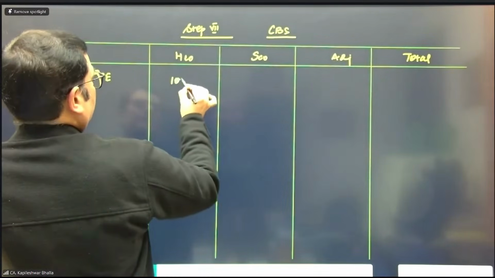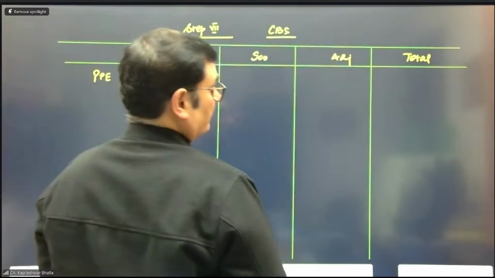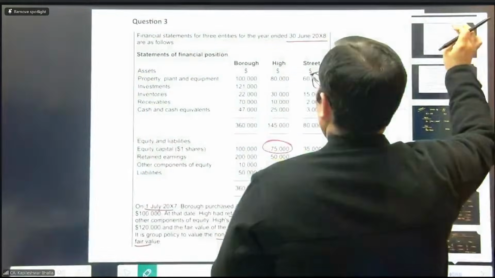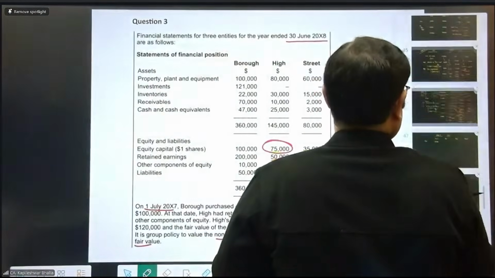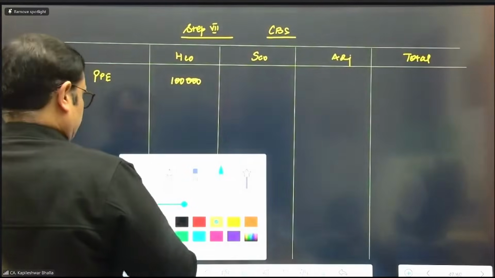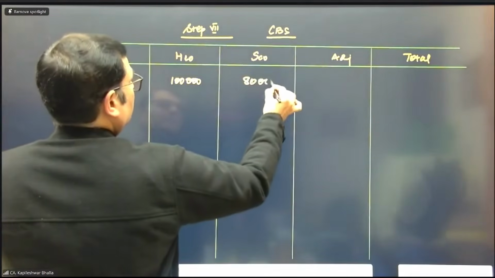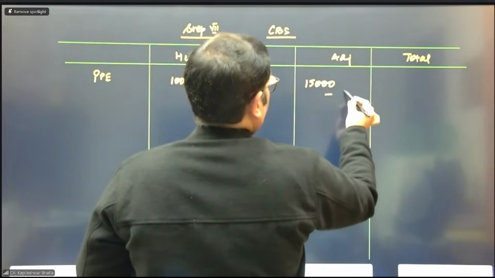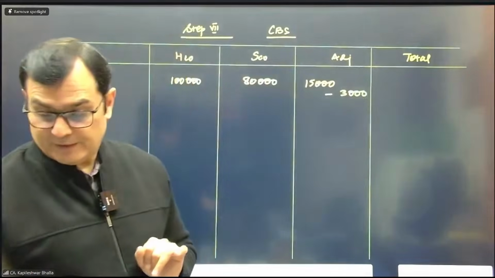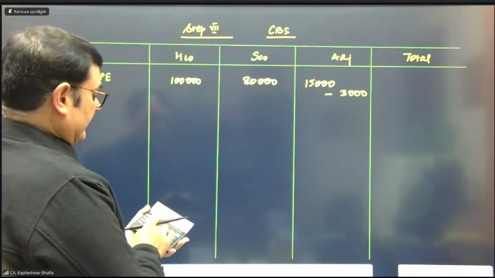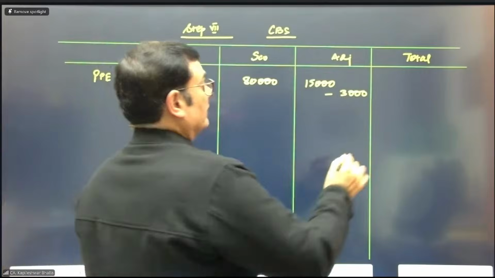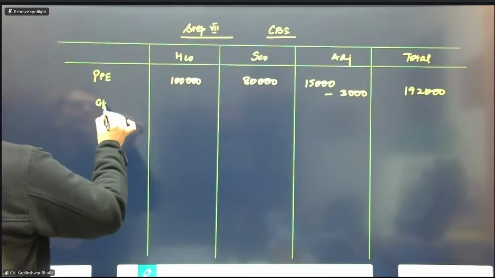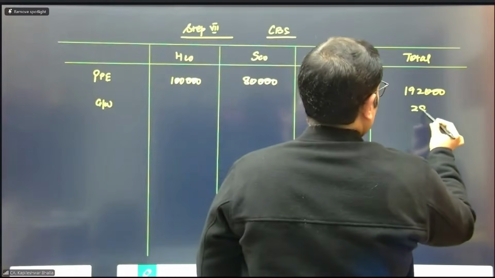This was, I think, 1 lakh, and the subsidiary figure was 80. And there was some fair value increase, I guess 15, and additional depreciation, I think that was 3. So 1,80,000 plus 15 minus 3, that's 192. Lest we forget, let's take goodwill. That's 28 if I rightly remember.